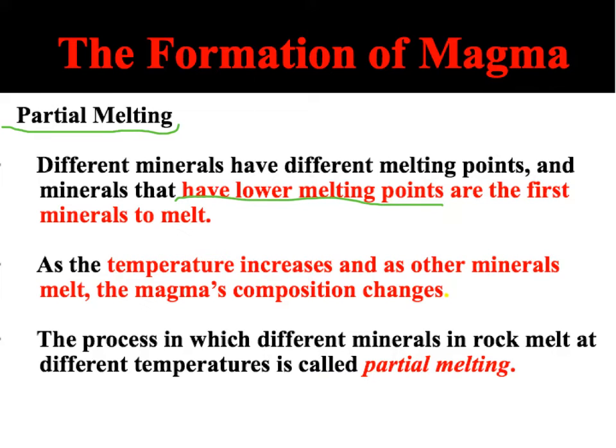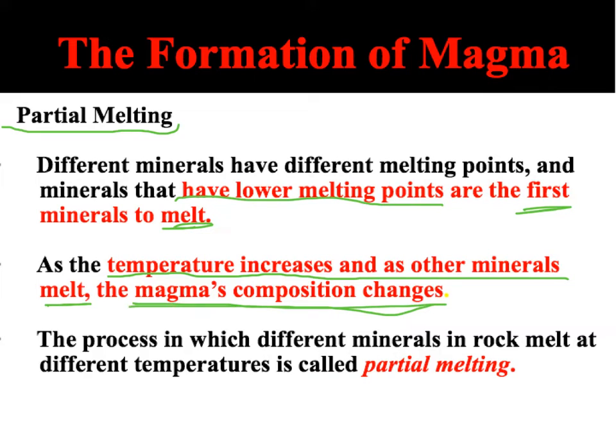And this is called partial melting. The minerals that have lower melting points melt first, which should make sense. Again, think of chocolate chip ice cream. The ice cream will melt at a lower temperature than the chocolate, so the ice cream melts first. As the temperature keeps increasing, other minerals melt until all of the minerals melt, and as more minerals melt, the composition of the magma changes.